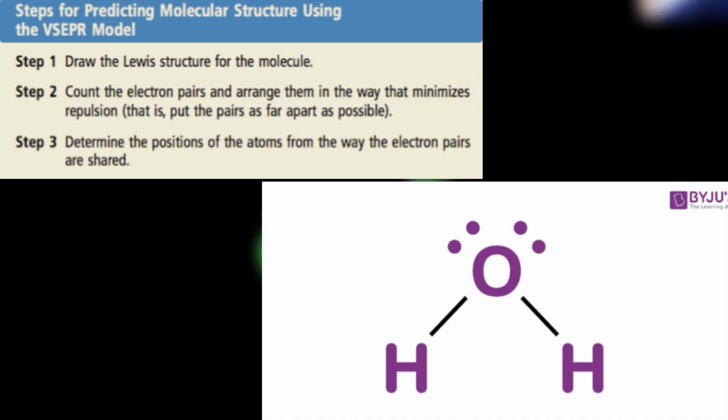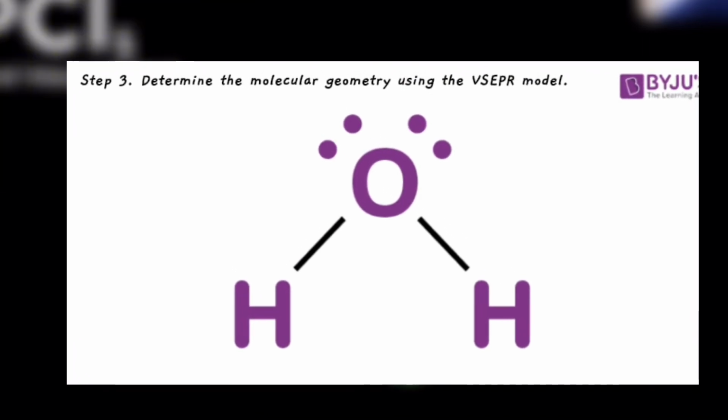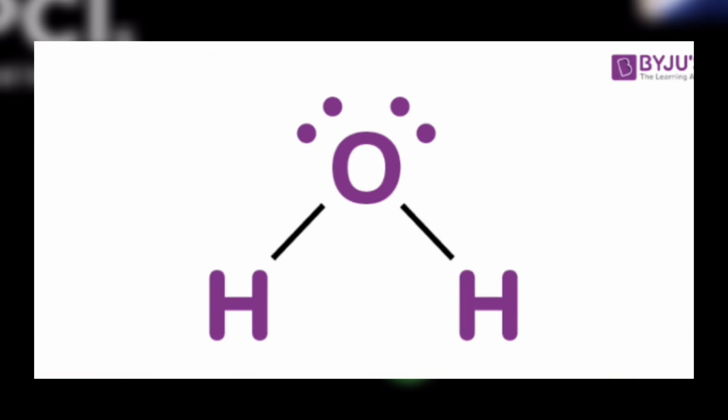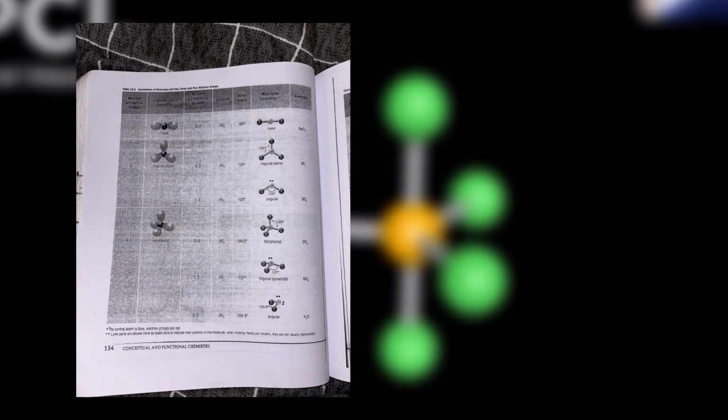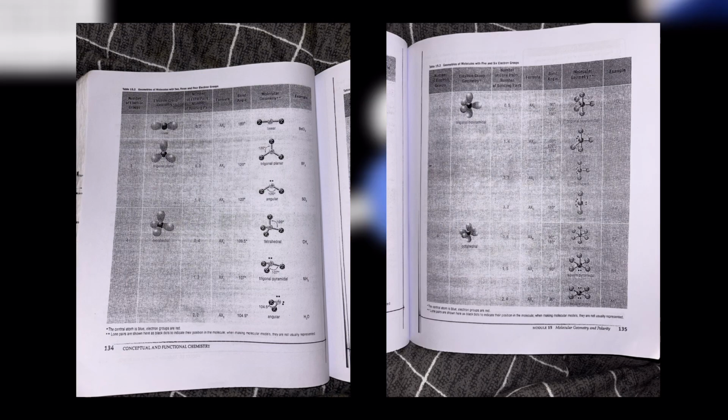Finally, step 3 is to determine the molecular geometry using the VSEPR model. We use tables like 15.2 and 15.3 to help us figure out the shape based on the number of electron groups and lone pairs. This is table 15.2 and this is table 15.3, to be further discussed.